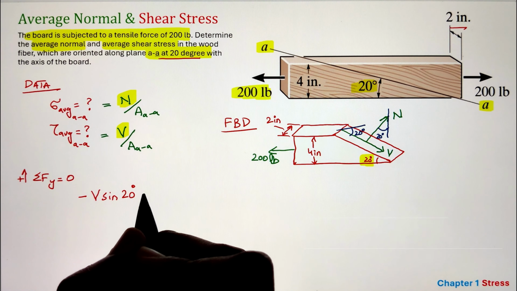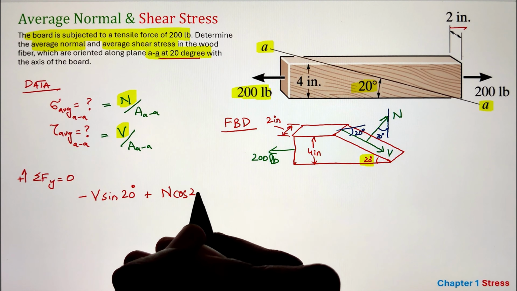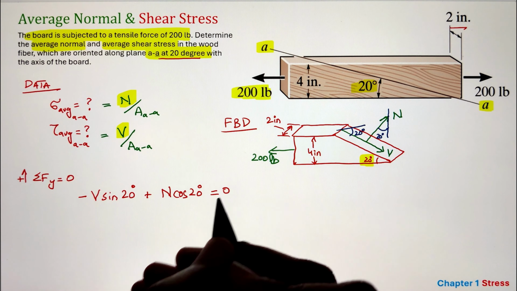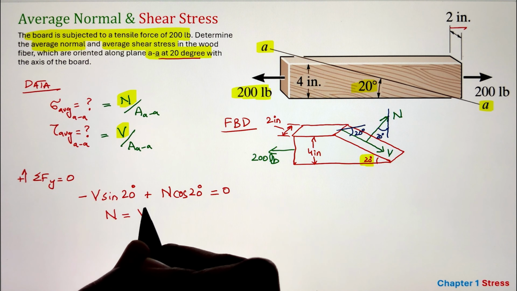Now, once we have listed down all the internal loads and the external 200 pound, we can start applying our equilibrium equations to solve for these unknown normal force and shear force.